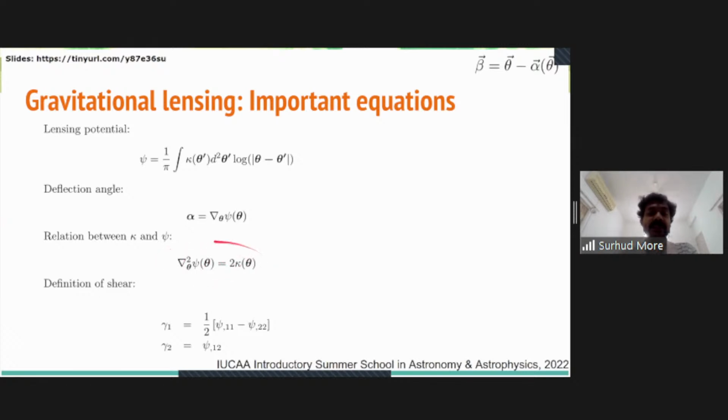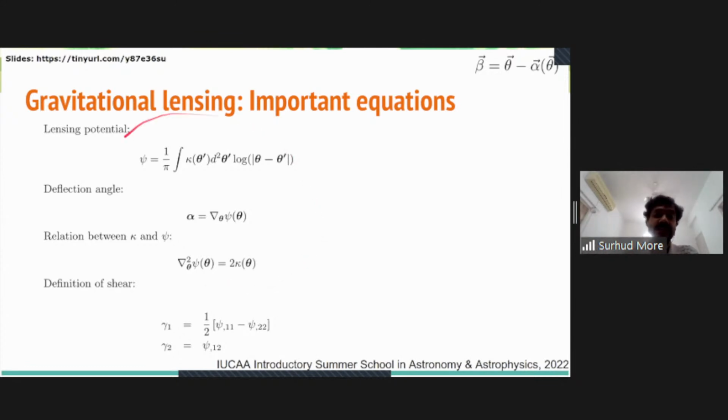So this is a Poisson-like equation. You can see the similarity between these equations and the equations that you are familiar with. There is a gravitational potential; you take the gradient of the gravitational potential, you get a force, and if you take the Laplacian of the potential, you get back the density itself.